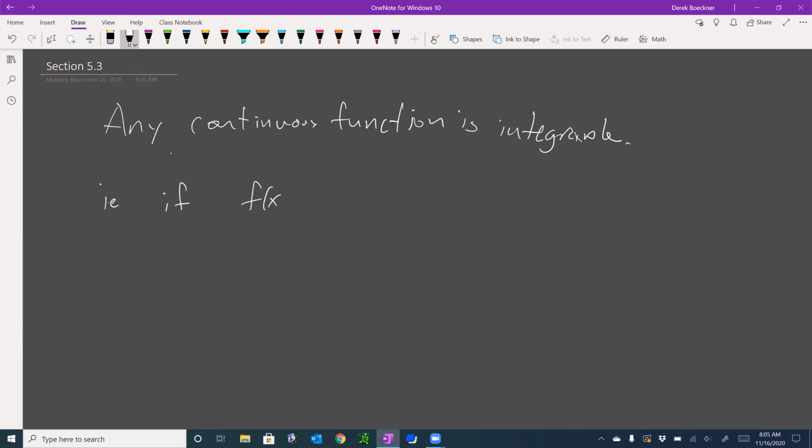So any continuous function is integrable. I.e., if f of x is continuous on [a, b], then the integral from a to b of f of x dx.